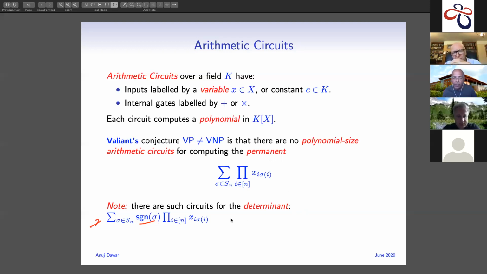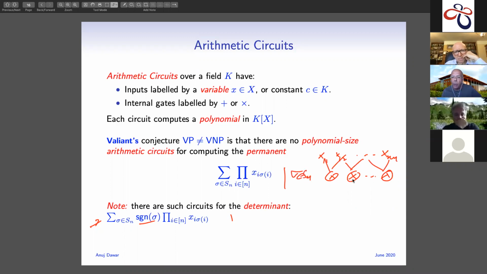Now, if you look at the expression as written, you can write it as a circuit where you have the n squared variables on the inputs, and then you have these product gates, each one taking n inputs, but one for each sigma in S_n.